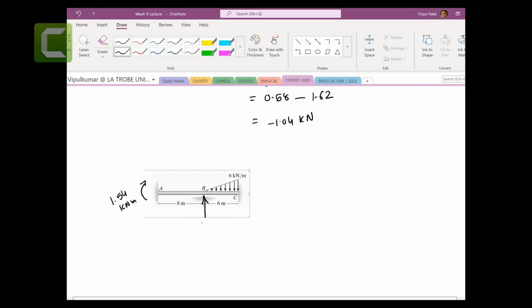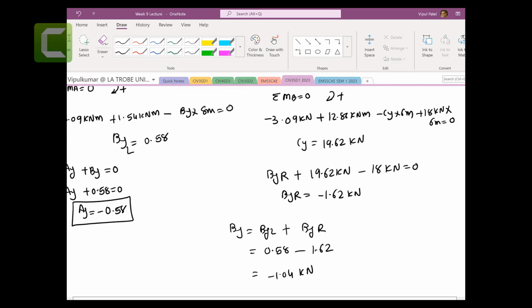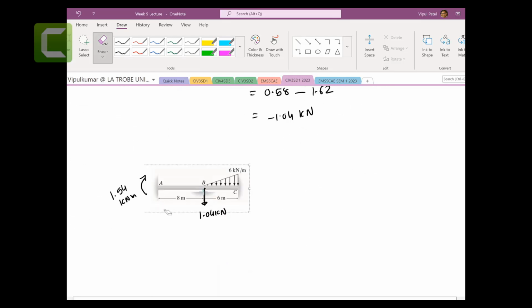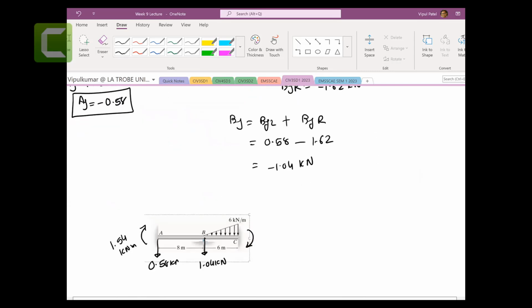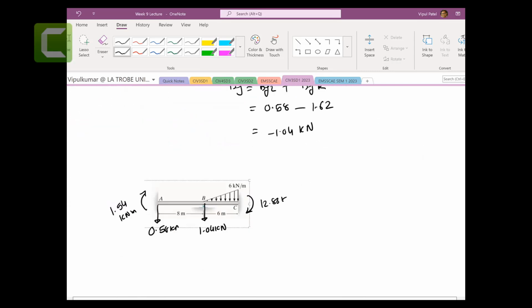This force here, which is coming down, but I think that is coming up, but anyway, that's not an issue. AY is coming down 0.58 kilonewtons. And there is a moment here, which we are going to get, 12.86. So this is all the reaction forces that we calculated.